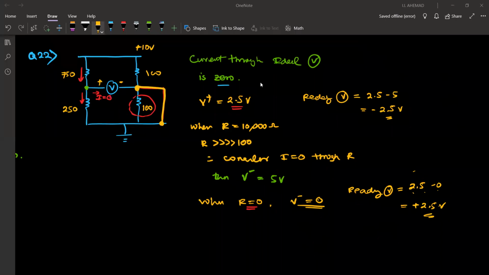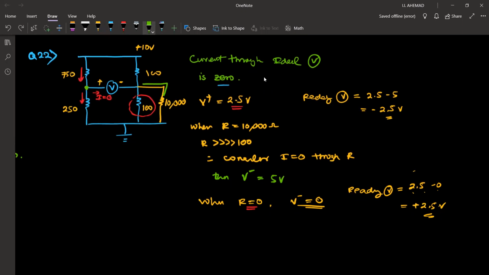How about the others, Sarah and Shahama? And now let's look at what will be the case when R is equal to 10,000. When R is equal to 10,000, this resistance is very high. Because this resistance is very high, the current doesn't want to go through this path too.